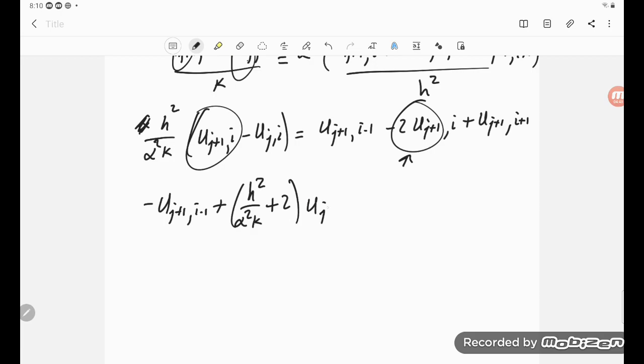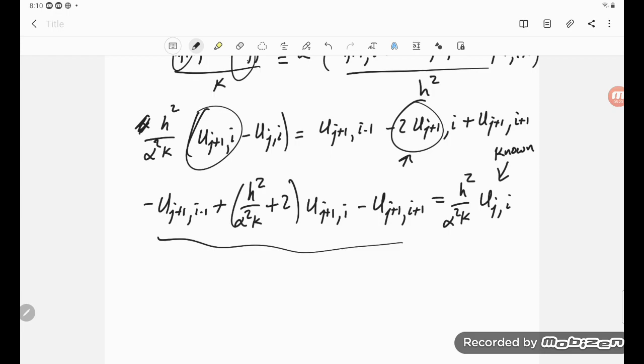So u sub j plus 1, i, and then minus u sub j plus 1, i plus 1, and that's all equal to h squared over alpha squared k u sub j, i. So I know this side, but I don't know any of these. And so you see here I've got an equation, but I've got three unknowns.